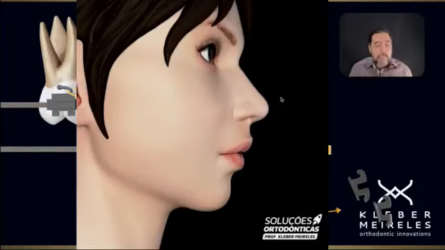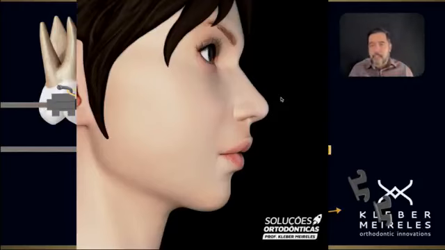And the long hook is intended to eliminate the moment of the force. If you're applying the line of action at the same height of the center of resistance of the teeth that we are moving, you're avoiding the inclination.